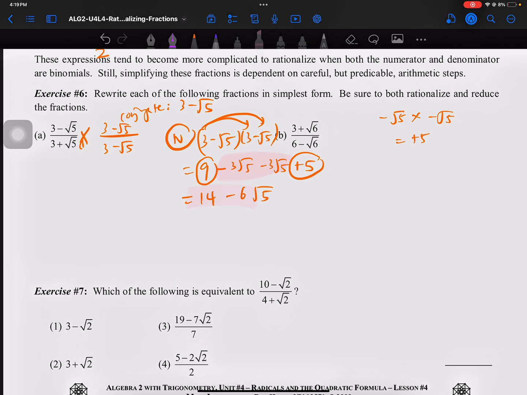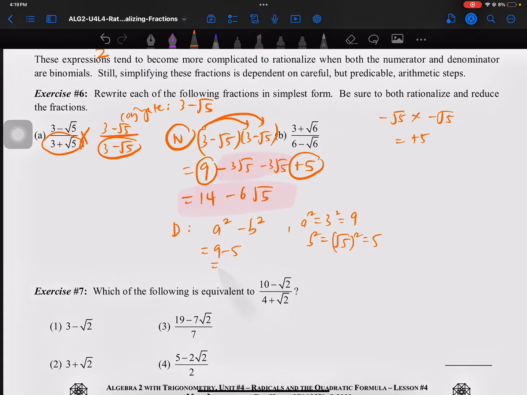Now the denominator is a conjugate pair, one plus, one minus, so we have A squared minus B squared. A squared is 3 squared, which is 9. B squared is √5 squared, which is 5. So 9 minus 5 is 4.